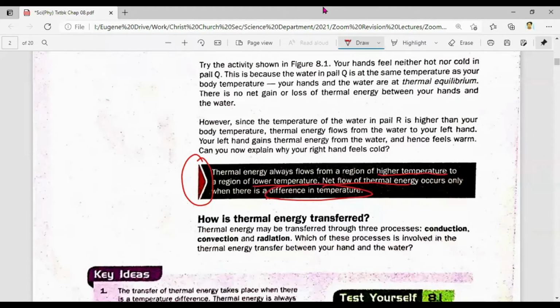So before you jump into any questions regarding heating or the transfer of heat, you must always check. Before you start to think about conduction, convection, radiation, you must always check in what direction the heat is being transferred.